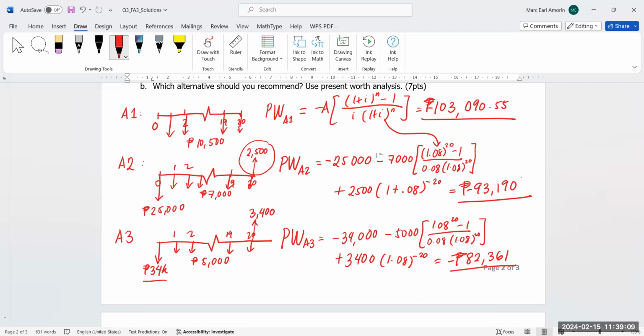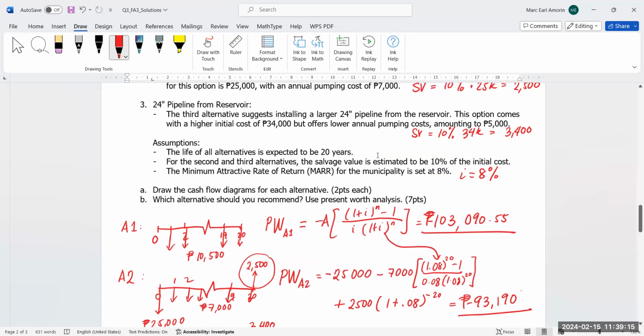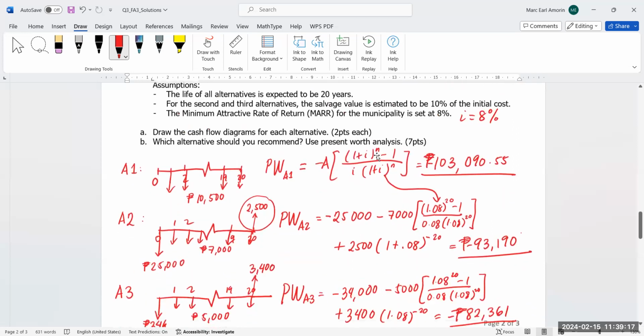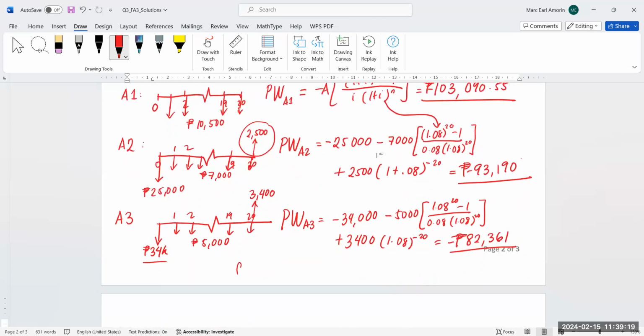That means A3, the 24-inch pipeline, is cheaper. Okay, so that is what we will use. So choose alternative 3 since it has the least negative PW or present worth. Okay?